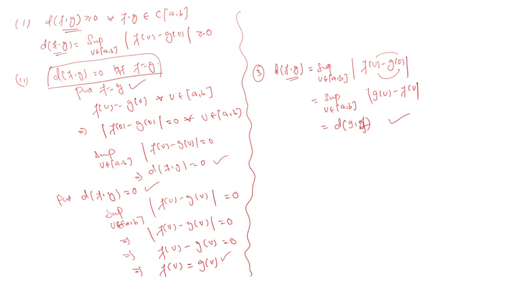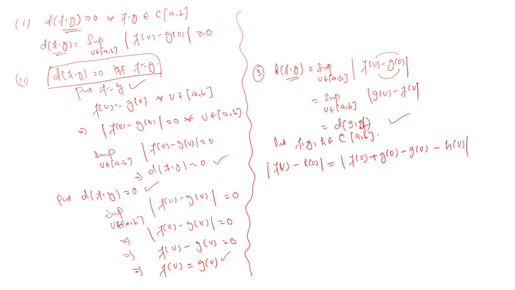Now what is the last thing that we have to prove? Now I will take three functions because I'm going to prove the triangle inequality. So I will take f, g and h belonging to C a comma b. Let me take mod of f of u minus h of u. Okay, what I will do, I will write it equal to f of u plus g of u minus g of u minus h of u.